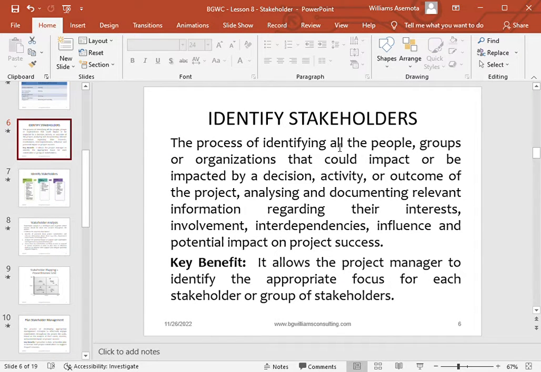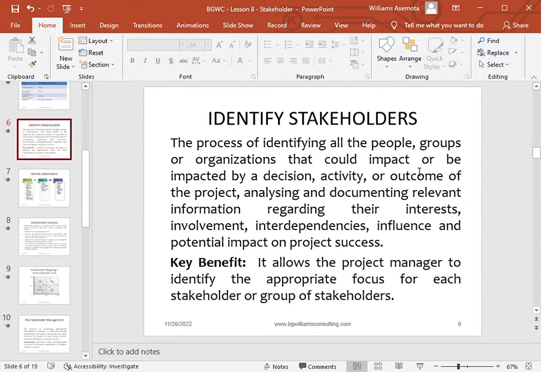What do we mean when we say identify stakeholders? Is it possible to identify all stakeholders in the project? And how often should we identify stakeholders in the project? Please listen to this question. Yes, it is possible to identify all your stakeholders in the project.